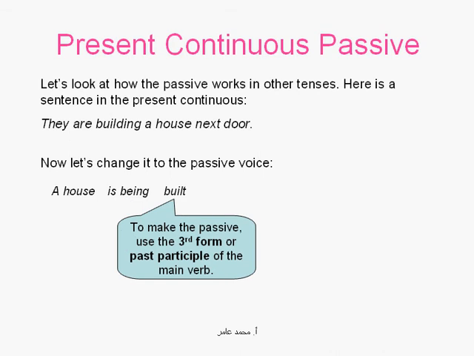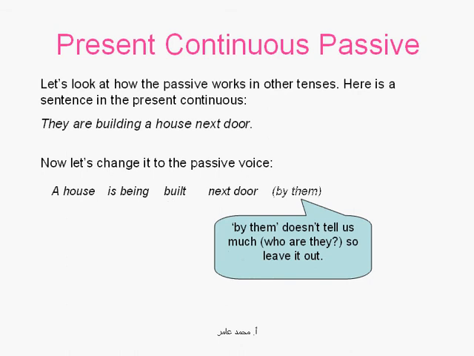To make the passive, use the third form, the past participle of the main verb, built. So a house is being built next door by them. By them doesn't tell us much. Who are they? So leave it out.